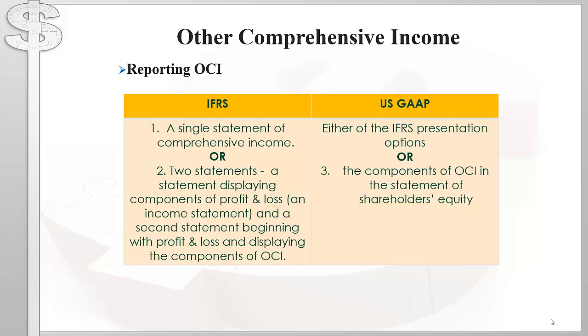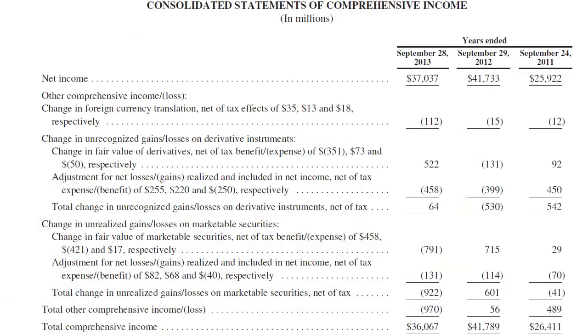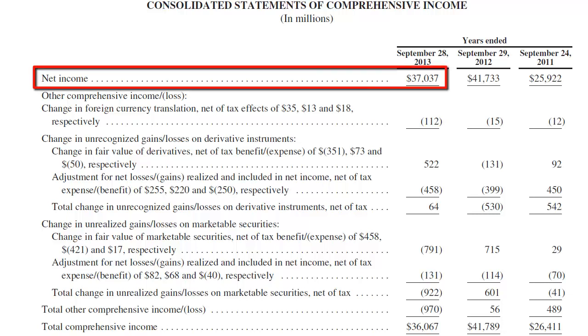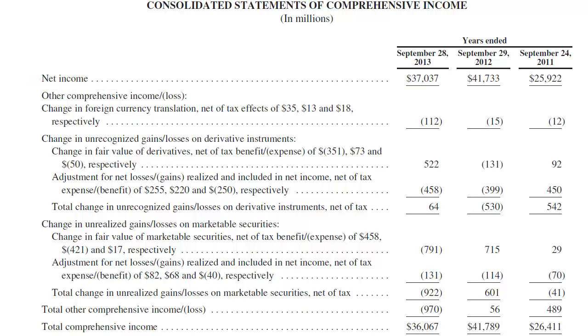Now let's take a look at the statement of comprehensive income for Apple Corporation. Here is the consolidated statement of comprehensive income for Apple Corporation. You can see that they're using the second option under the IFRS or the US GAAP, which is to start with the net income from the income statement and then report the components of OCI.